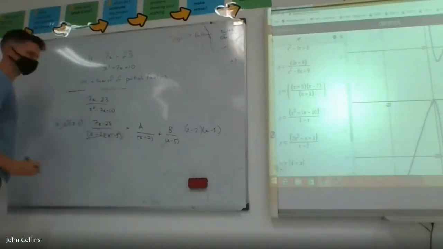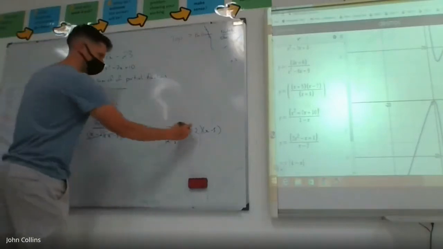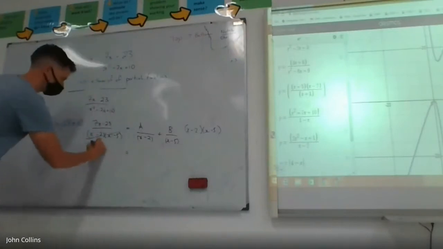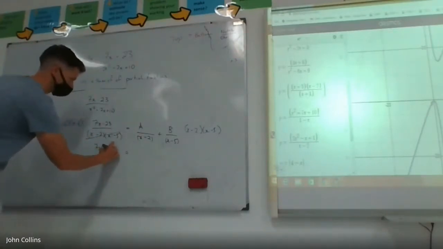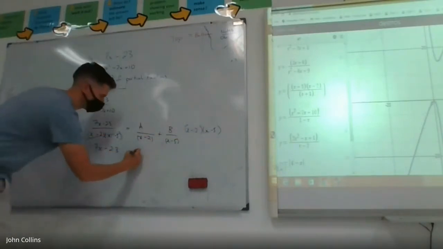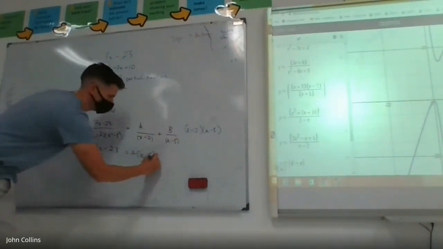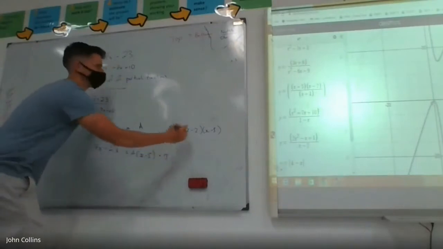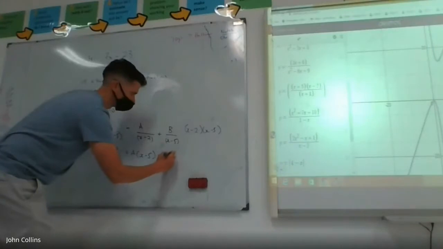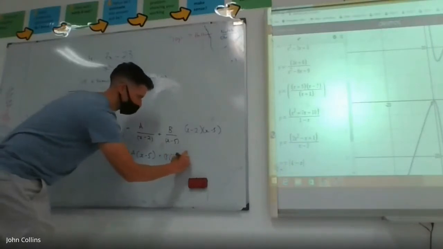That goes into that once. Now when I do it here, this divides into x minus 2, so we're left with 7x minus 23. This is A times x minus 5, because the x minus 2's cancel. And this is B times x minus 2, because the x minus 5's cancel this time.